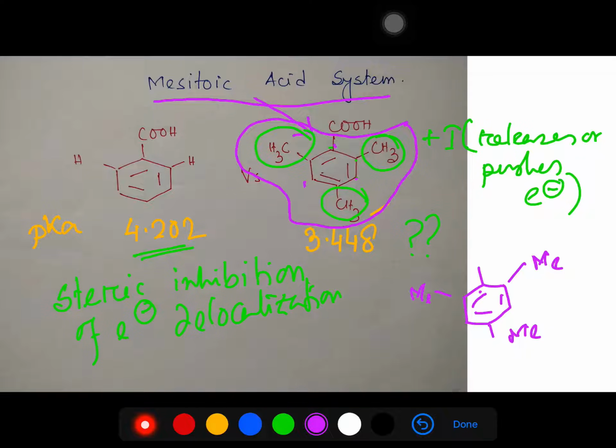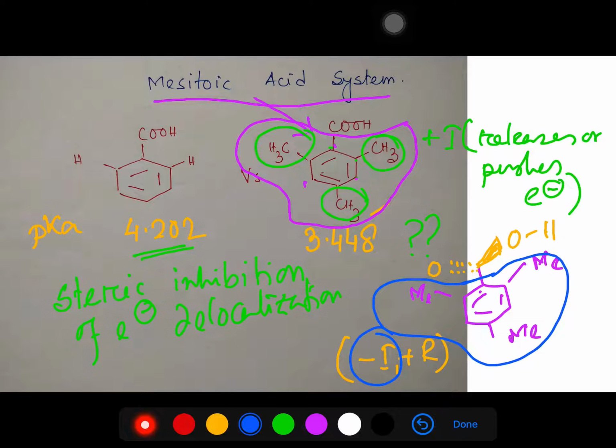So what is actually happening? Because of the ortho methyl groups, this carboxylic acid remains out of plane, either top or bottom. We know the phenyl group has two effects: one is minus I, another is plus R, and generally plus R dominates over minus I. But when it is not possible for the plus R effect to show, then obviously the minus I effect will show, and exactly this happens for this nucleus.